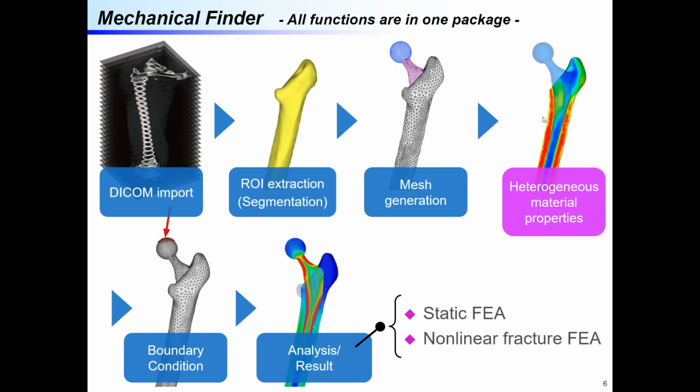In the Mechanical Finder, we can make an FE model based on CT images easily by a semi-automatic segmentation procedure, reflect heterogeneous material properties, and analyze stress distribution using static FEA or nonlinear fracture FEA techniques. All functions are in one package.